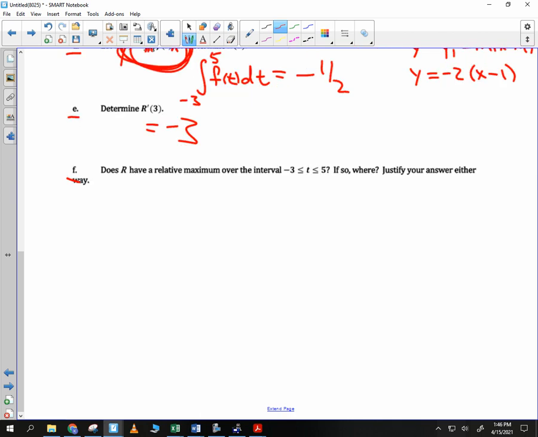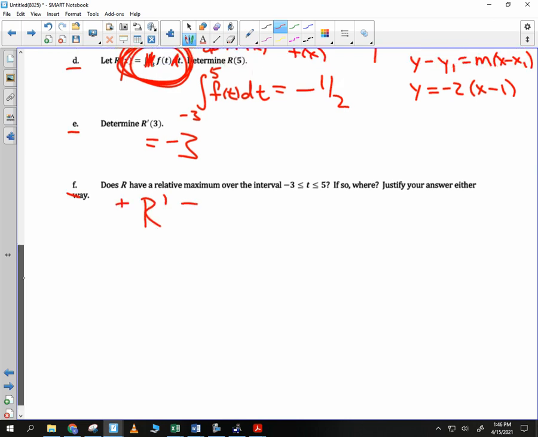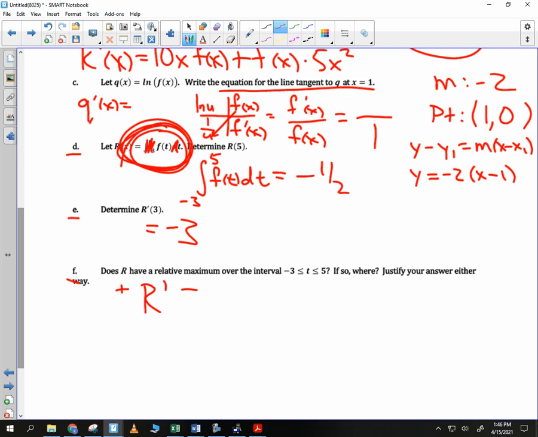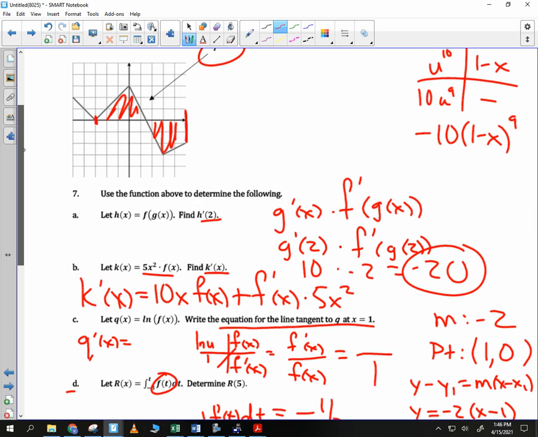Does r have a relative maximum over the interval? A relative maximum happens when r prime changes from positive to negative. We just said it. What is the derivative of r? What's the derivative of this integral function? Simply the function. Does the function ever change from positive to negative?